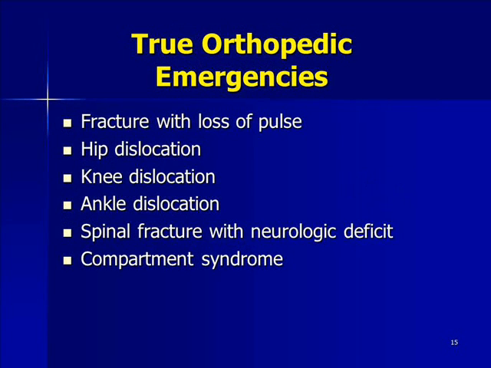True orthopedic emergencies are rare, but they are very important to note because they are usually limb-threatening, sometimes even life-threatening. These are, for example, fracture with loss of a pulse, which signifies vascular injury, hip dislocation, knee dislocation, or ankle dislocation.